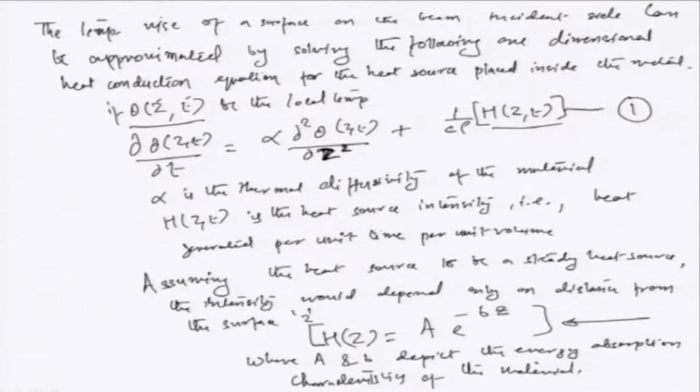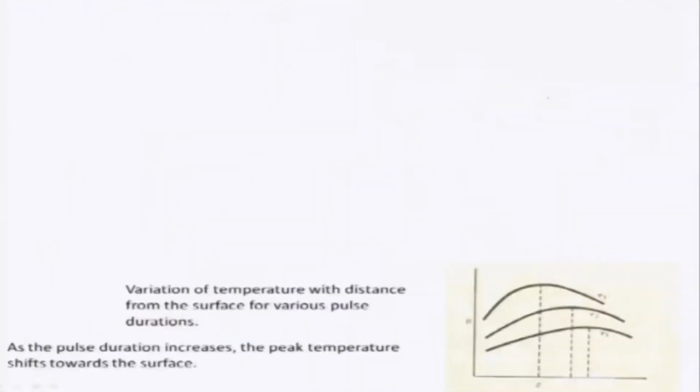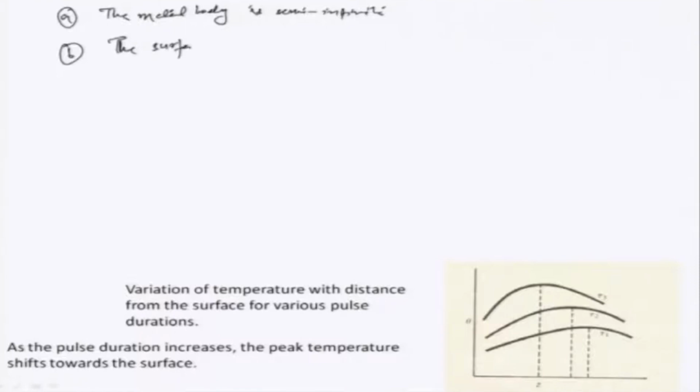So, that is how the PDE can be expressed. If we solve this PDE, assuming that the metal body is semi infinite in nature, the surface of the metal is insulated, except for the hot spot.